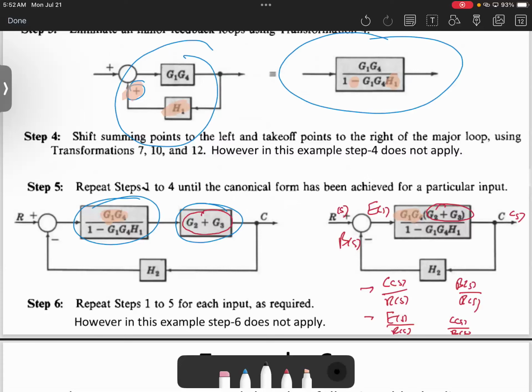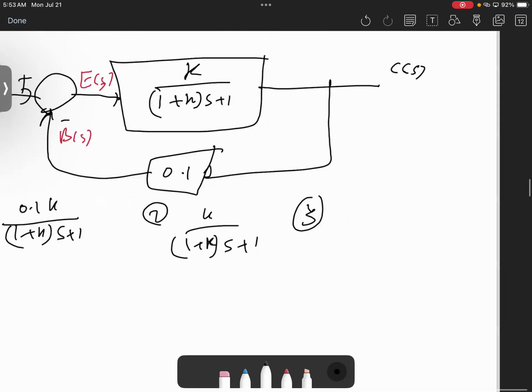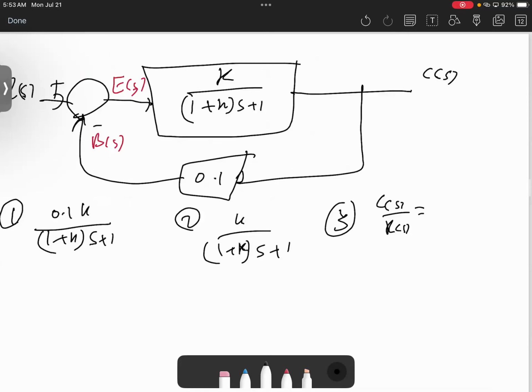Number 3 is the control ratio, which is the same as the transfer function, C of s over R of s. Then it will be k over 1 plus k s plus 1, divided by 1 plus 0.1 k over 1 plus k s plus 1.